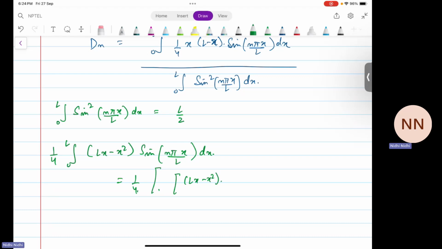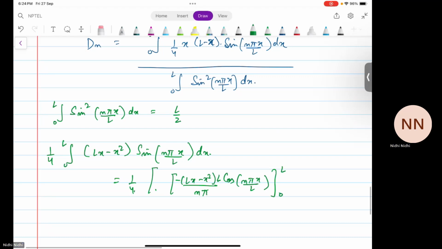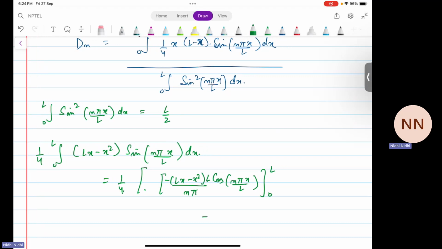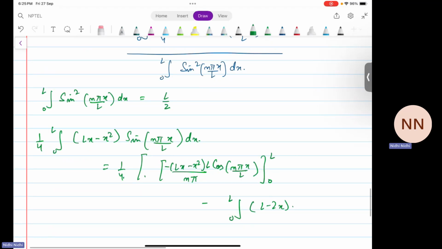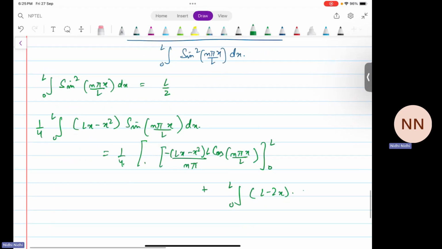Integration of sine is minus cos(nπx/L) by nπ/L, from 0 to L, minus integration 0 to L. The derivative of the first term is (L minus 2x) times the integration of sine, that is minus cos(nπx/L) by nπ/L, dx.